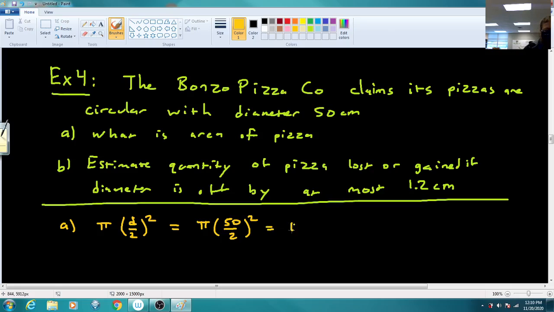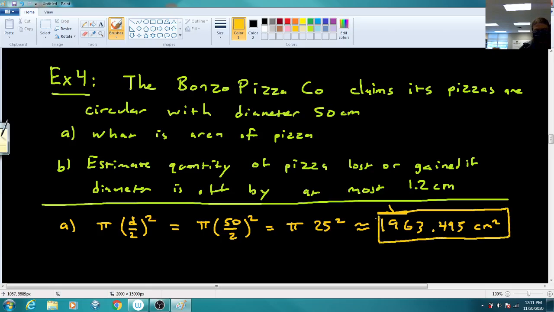So basically it's pi times 25 squared, which is about equal to 1963.495, and that's centimeters squared, since it's area. Okay, so that's part A.